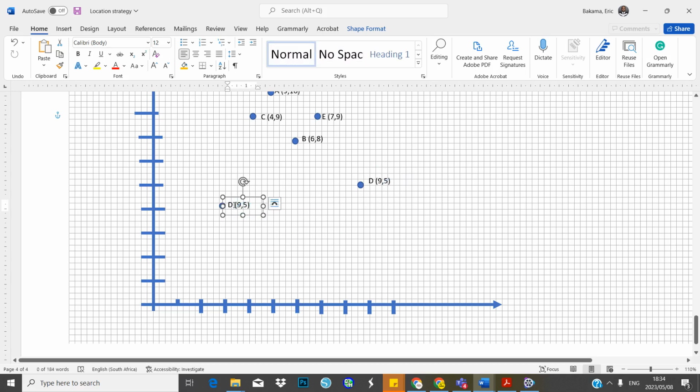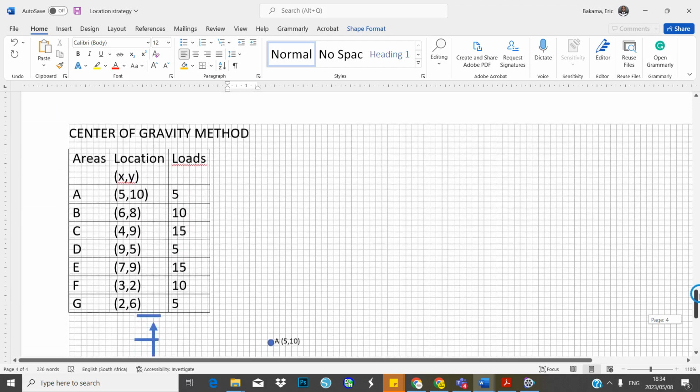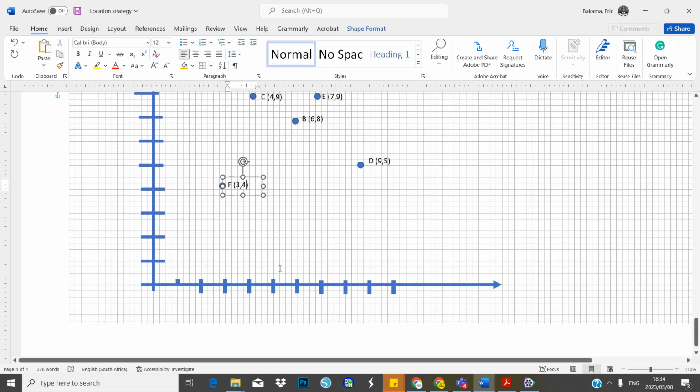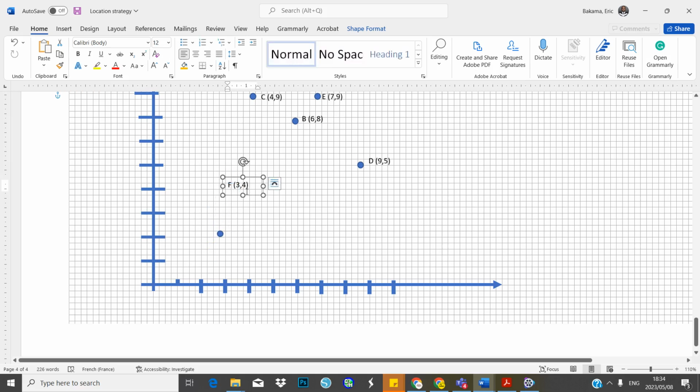Then this is going to be F. F, we say, is 3 and 4. So if we are here, oh, we said 3 and 2. Sorry. So we have 1, 2, 3, and then this one is going to be 2 somewhere here. 3 and 2.